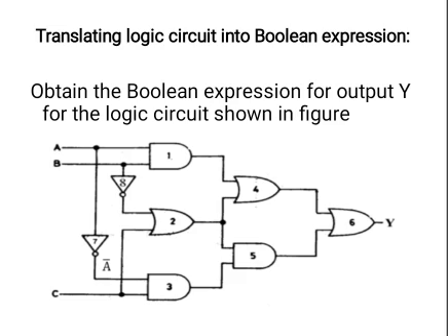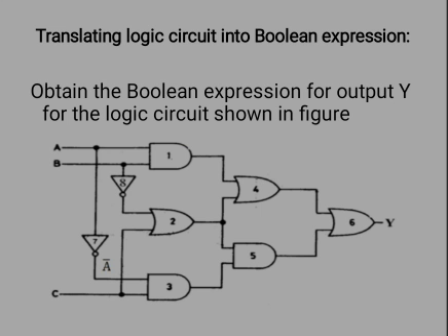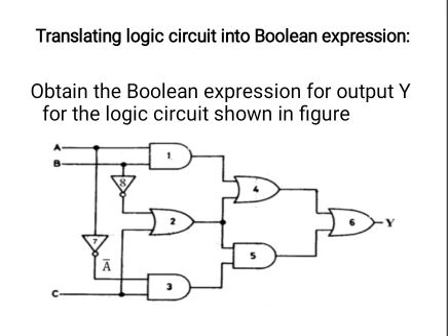The A complement, because we are using the NOT gate. Observe gate 8. It is a NOT gate. The input is B. The output must be B complement, because we are using the NOT gate.